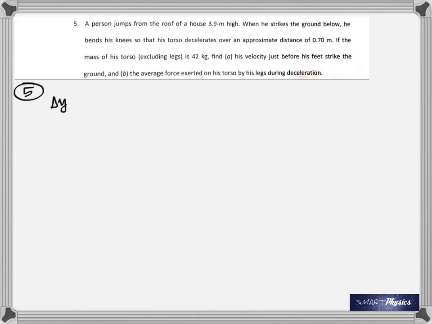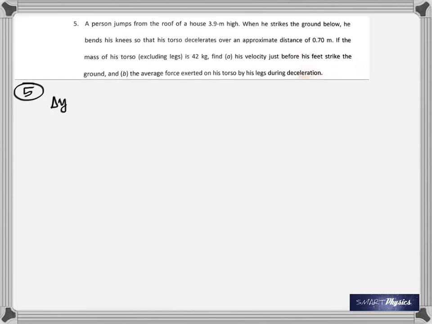Do you find the velocity before you subtract the 0.7 meters from the 3.9 meters? No. You would find the velocity at the 3.9 and then the velocity at the 0.7, since there's more time for those 0.7 meters.